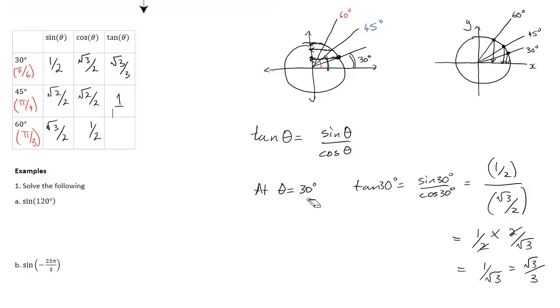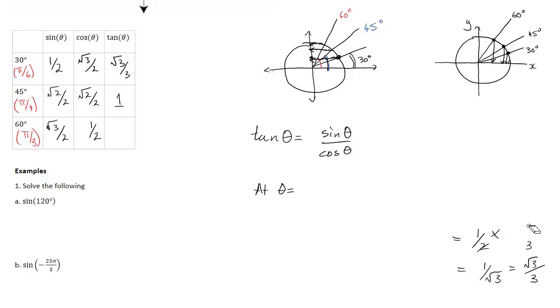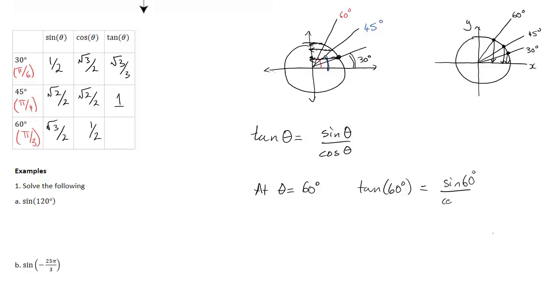Finally, if you've got theta being equal to 60 degrees instead, I'll just redo this calculation. So at 60 degrees, tan of 60 degrees equals sine over cos.